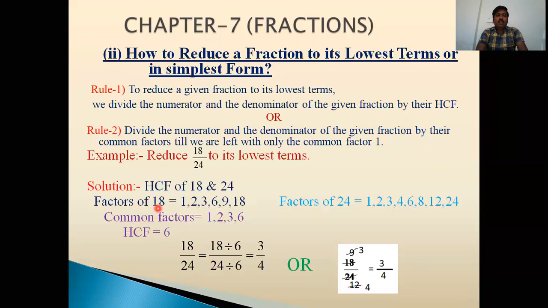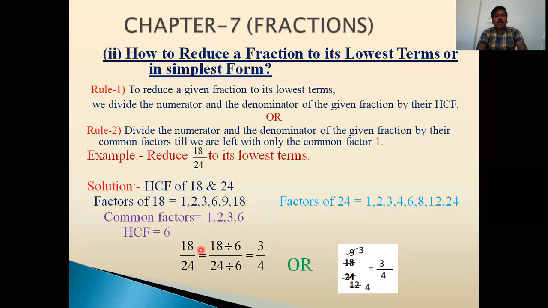Factors of 18 are 1, 2, 3, 6, 9 and 18, and factors of 24 are 1, 2, 3, 4, 6, 8, 12 and 24. Now what are the common factors? 1, 2, 3, 6. And the HCF is 6 because 6 is the highest common factor.